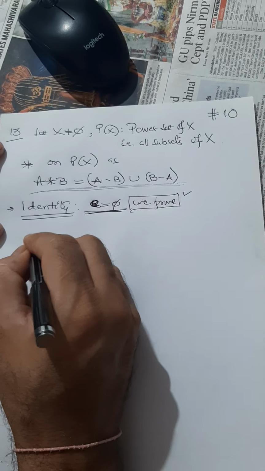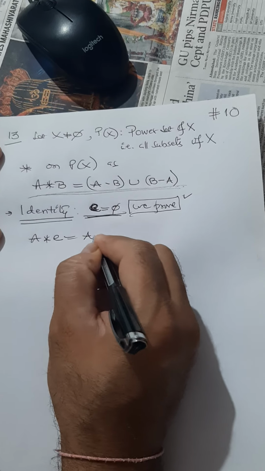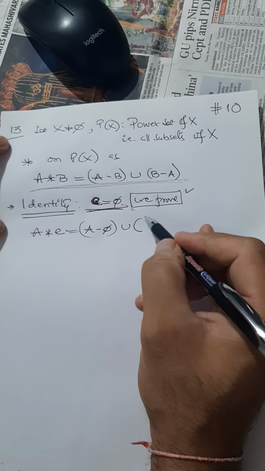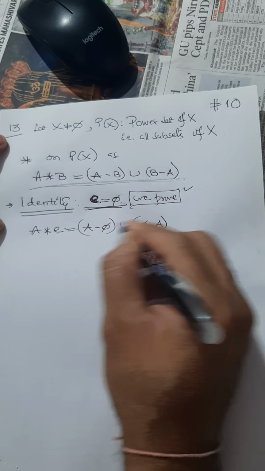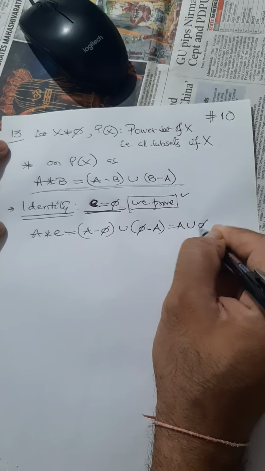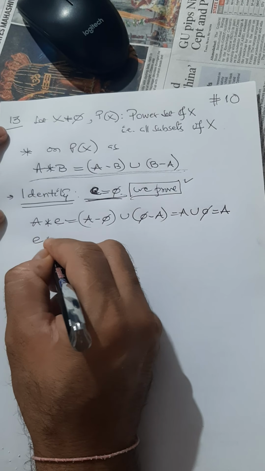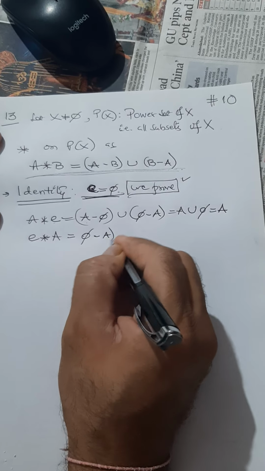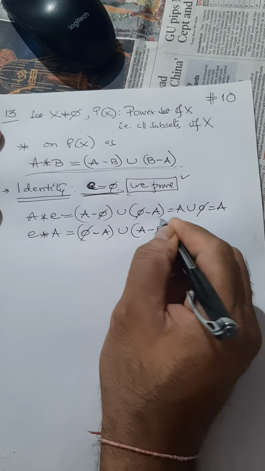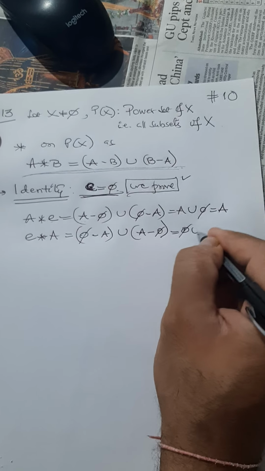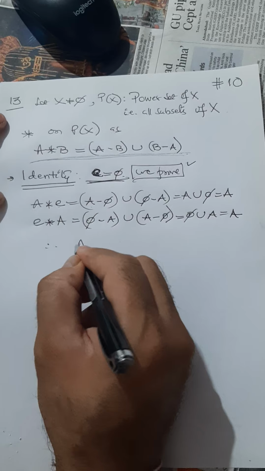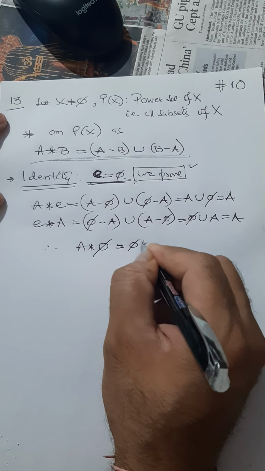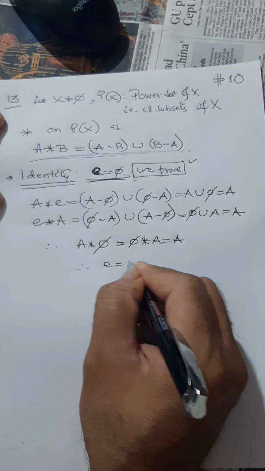So you find A asterisk E, where E is phi here: A minus phi union phi minus A. You know that this is A union phi, so the answer is A. In the same way, if you find E asterisk A, it is phi minus A union A minus phi, so that is again phi union A, which is A. So you can say that A asterisk E equals E asterisk A equals A, where E is phi, so E equals phi is proved.